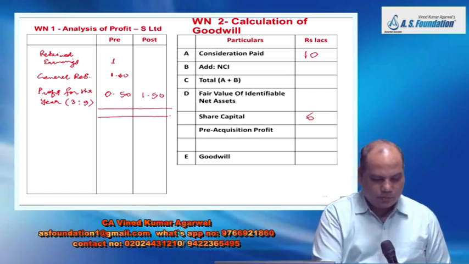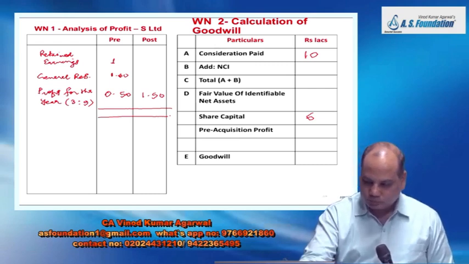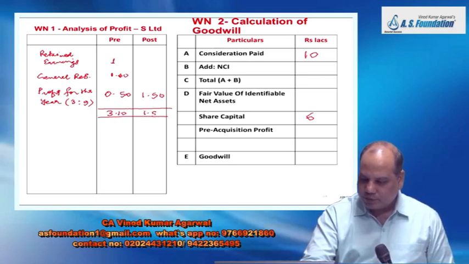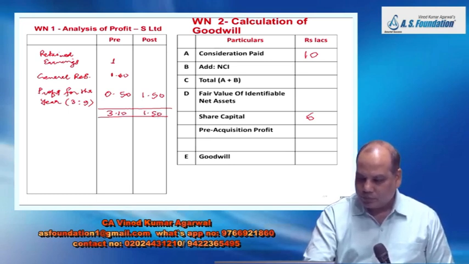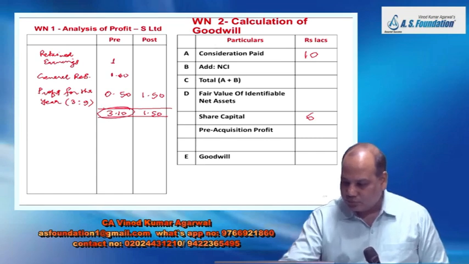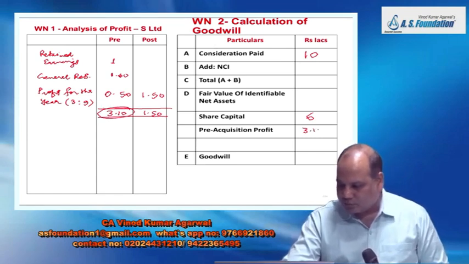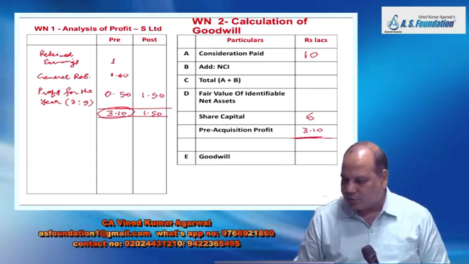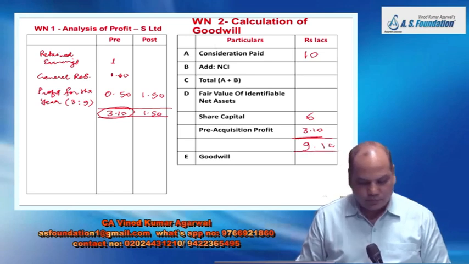How much is the total of the pre column? Is it 3.10? 1.5. This 3.10 you transfer here. So this becomes 9.10.